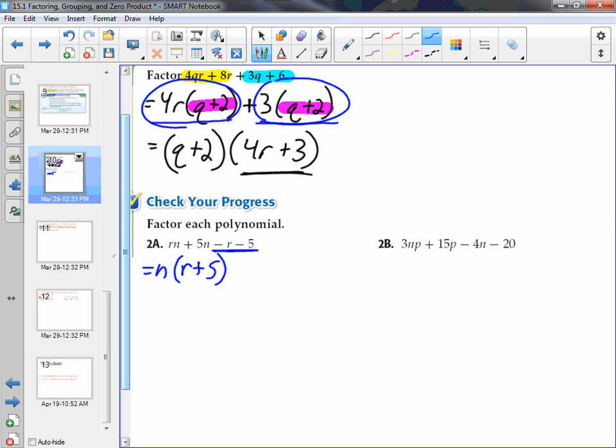So it's hard to believe, but our greatest common factor is negative 1. At least the greatest common factor that's useful. So negative 1, parentheses, negative R divided by negative 1 is positive R. Negative 5 divided by negative 1 is positive 5.